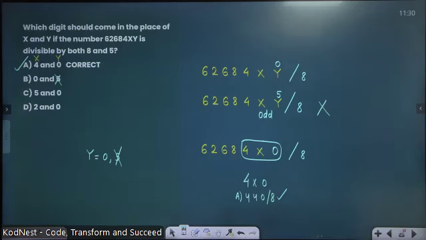But is x equal to 0 present in the options? Option B has x equal to 0, but y is not 0. If I take x equal to 8 and y equal to 0, then the number will also be divisible by 8 and 5. But is x equal to 8 present in the options? No. So we are seeing the values which are in the options. Other values are also possible, but we have seen the values in the options.